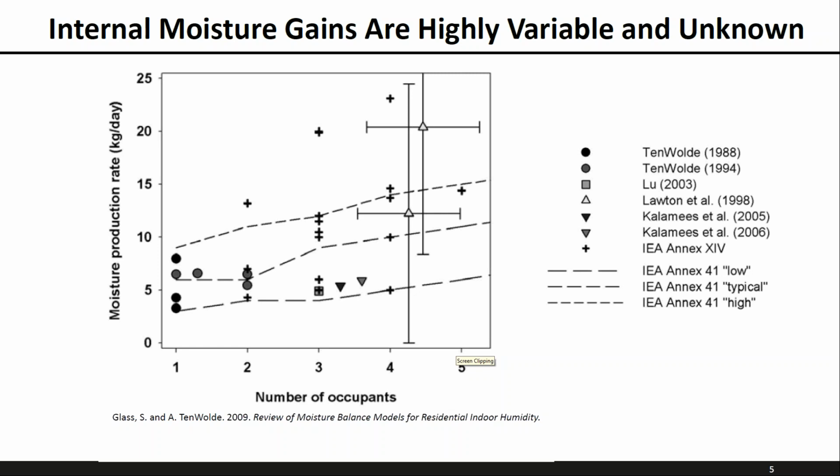And so even if you look at, just say, 3 occupants for the various studies that were included here, they measured anywhere between 5 kilograms per day of moisture up to around 20. And so that's quite a large variation. And so if you want to try to understand humidity loads in homes, you need to do so in the context of understanding how those are going to vary due to occupant behavior.